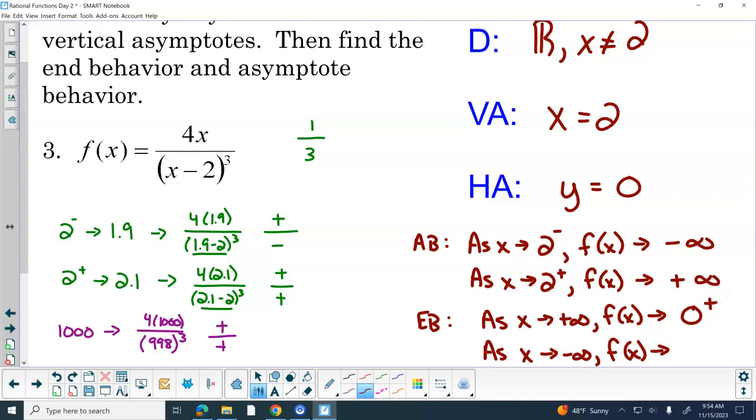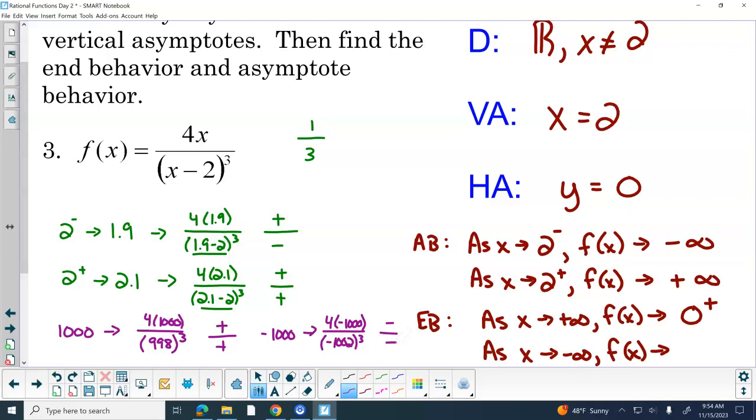If I go with negative 1,000, now I've got 4 times negative 1,000, which is going to be negative, all over negative 1,002 cubed. That's going to be negative.